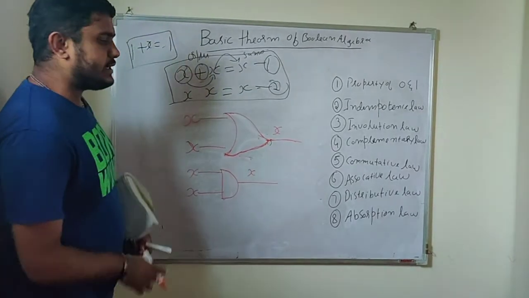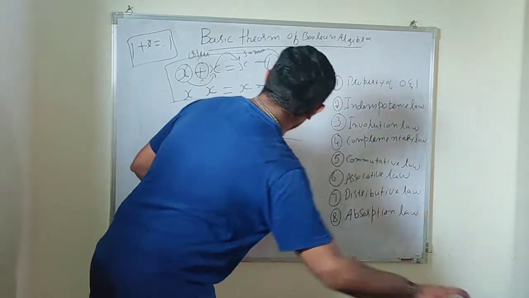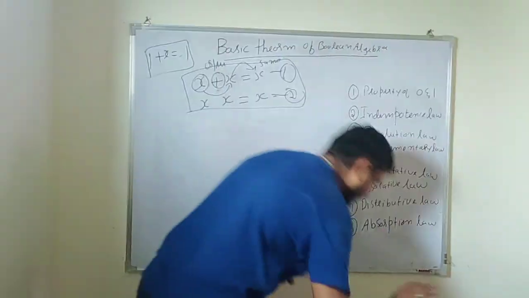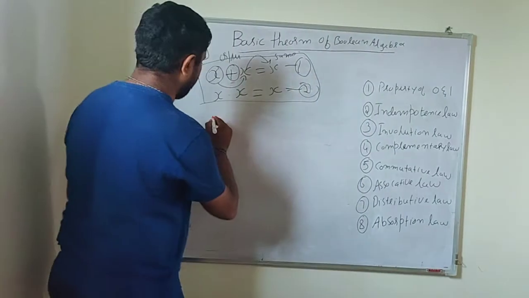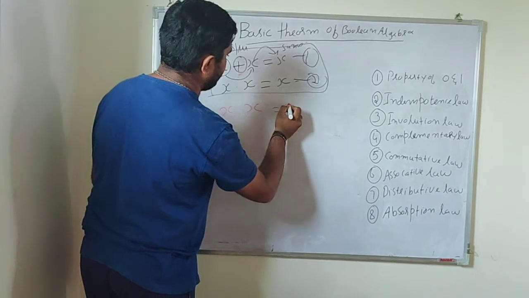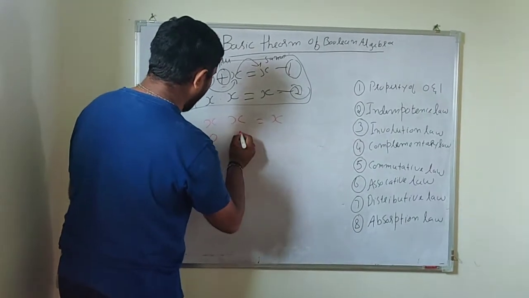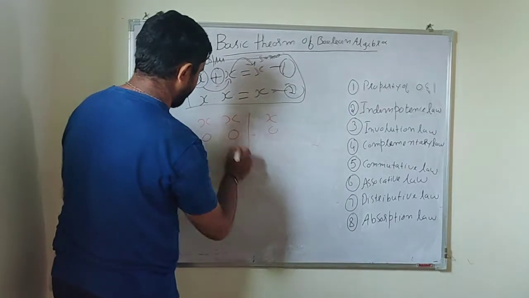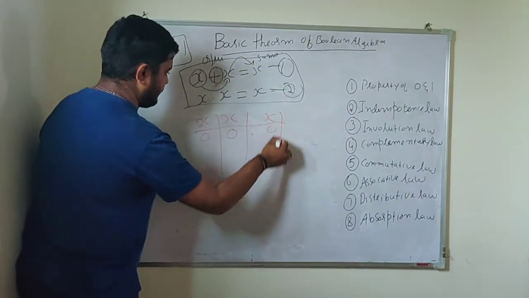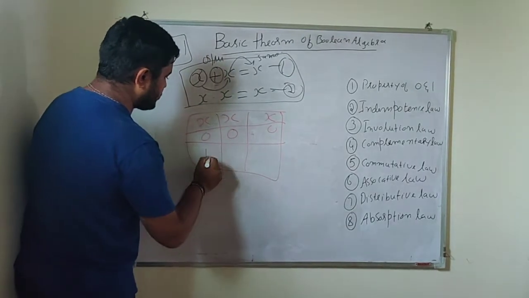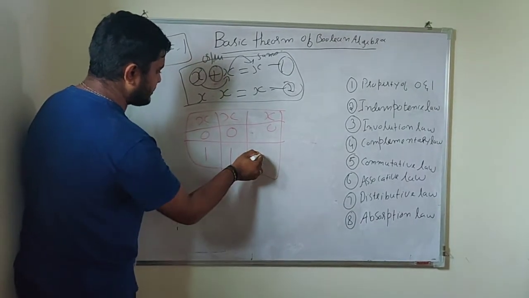If you write a truth table for this, how does it look? Let us prove this equation through our truth table. x and x is equal to x. When x is 0, x again is 0, therefore the result is 0. When x is 1, x again is 1, so the result is 1.